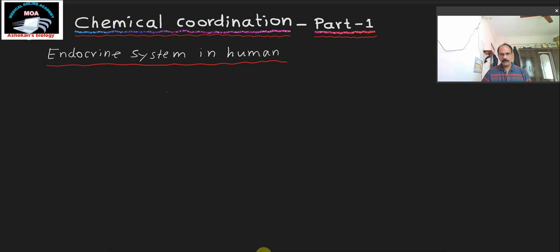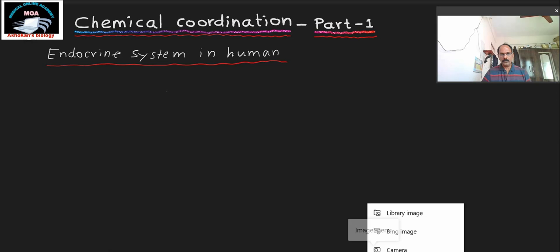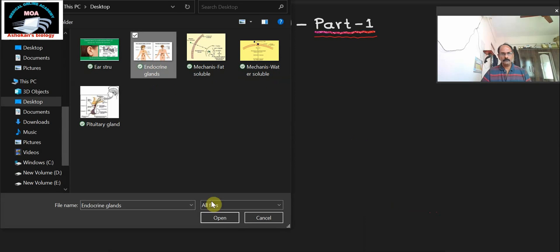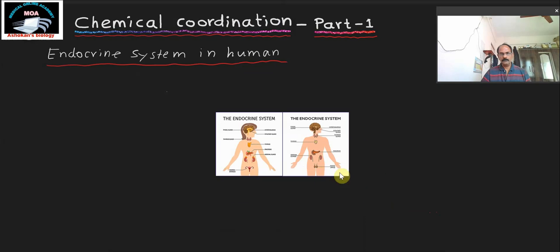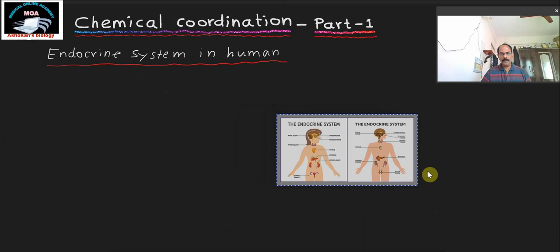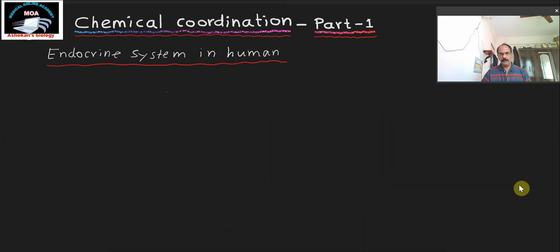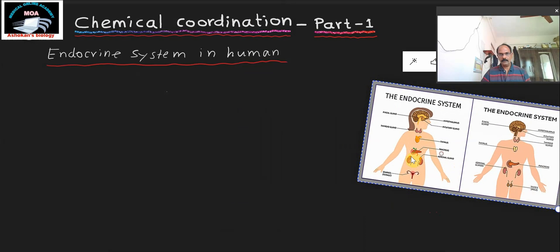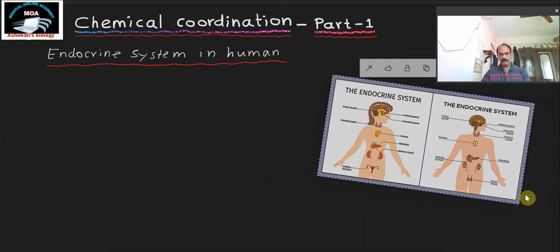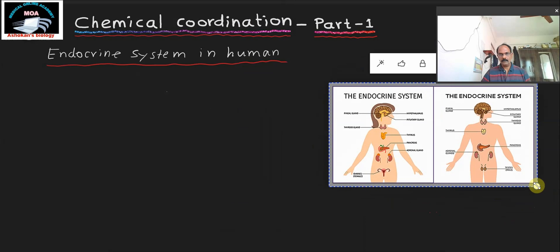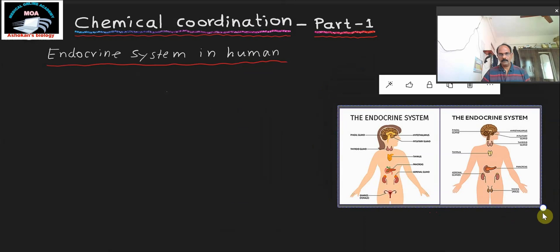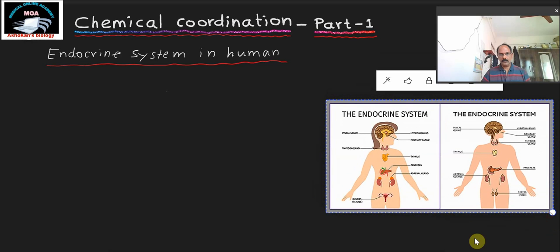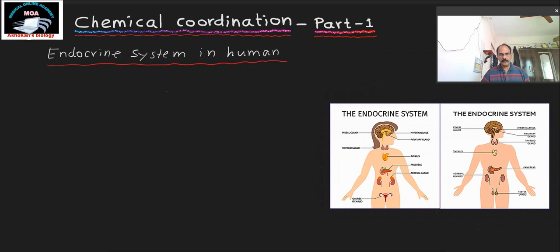Let us take a diagram showing the different types of endocrine glands. This is a diagram showing the male and female body, and the different endocrine glands. I will take the list of the endocrine glands, and you just search for that gland in the human body.